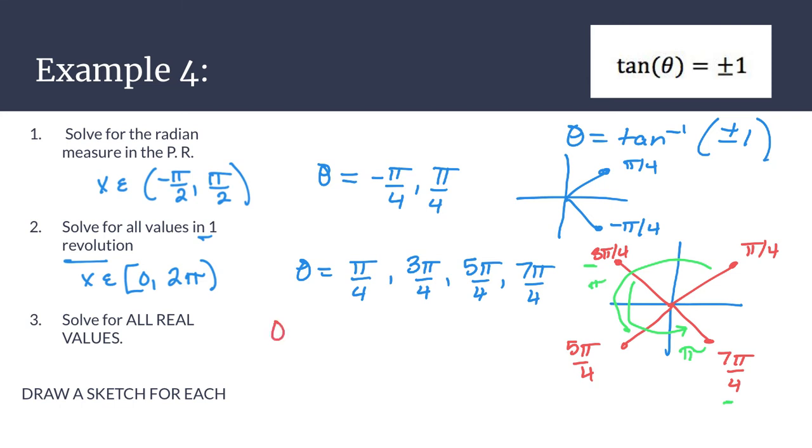So when we write out our answer for all real values, we're going to write the first one, which is pi over 4, and then we're going to put pi k, which accounts for the first one, and that 5 pi over 4. It's already in that interval. Next, we're going to write our second solution of 3 pi over 4 plus pi k. Again, we're listing the first solution, and 7 pi over 4 is part of that.